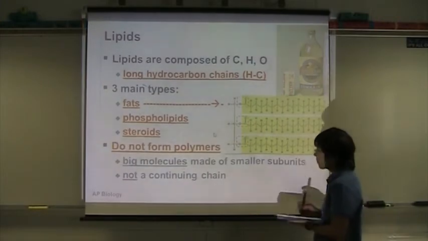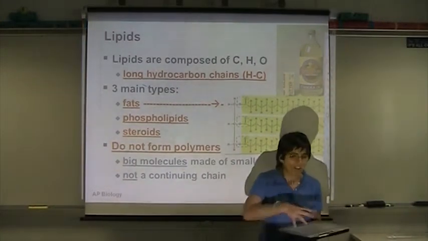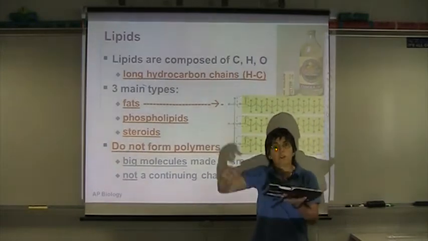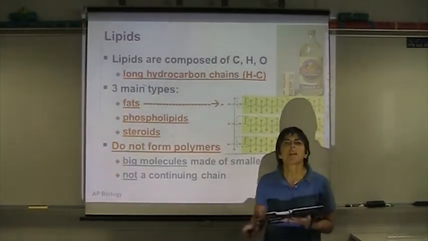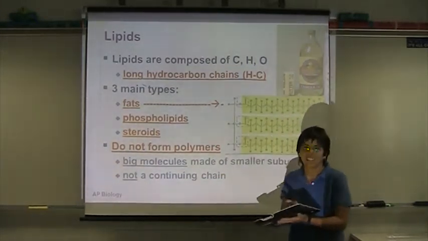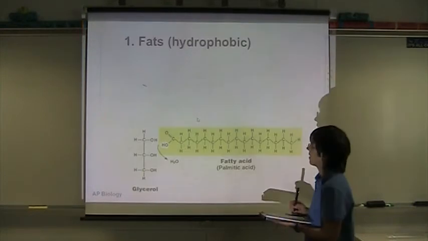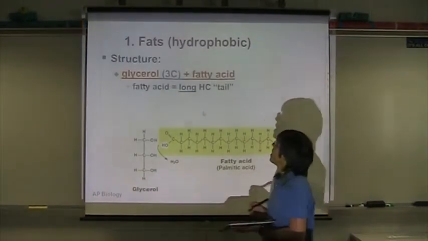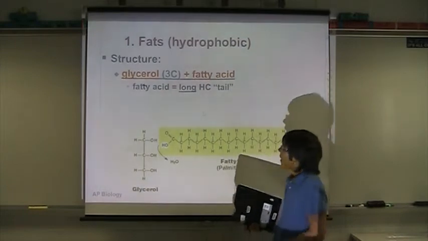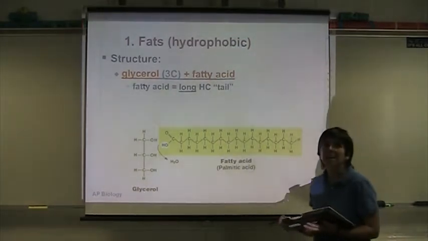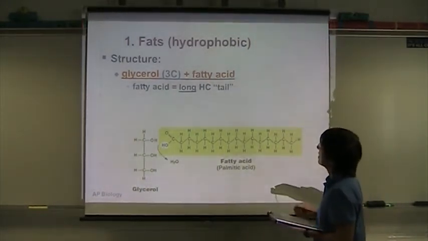So, they are kind of funny because they don't make these long molecules like putting monomers together. They are made out of fewer pieces, and they play different roles. So let's look at them. Number 1, fats. These are what we call our triglycerides.